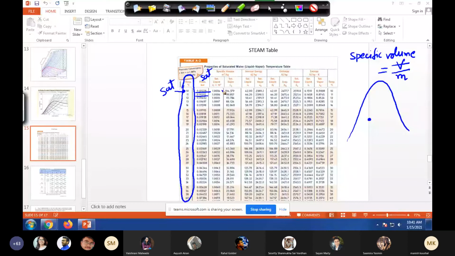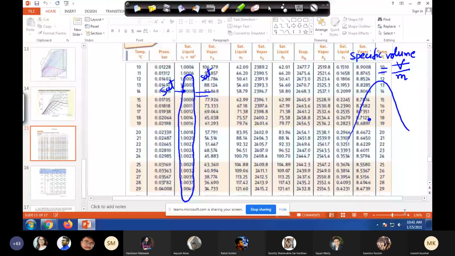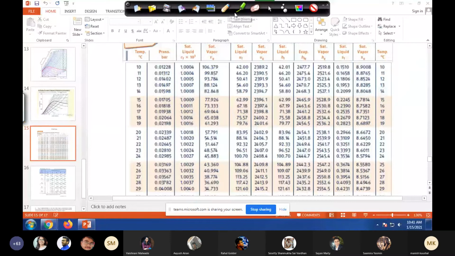So this is Vf or Vg. Let me zoom it. Oh, anyway, it's written. It's saturated liquid. It's already written.